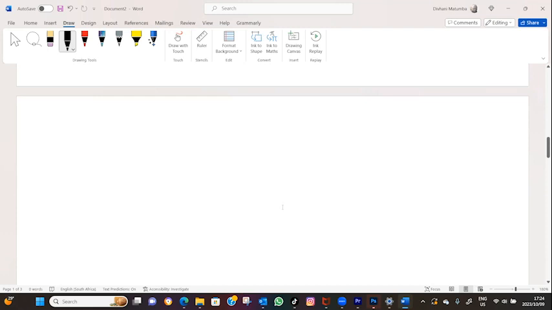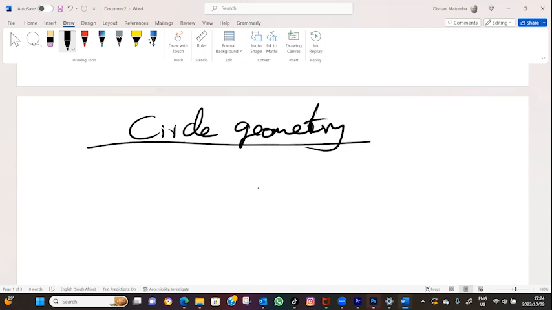Okay, let me move on to theorems of circle geometry. With circle geometry, the first theorem I'm going to start with is this theorem.